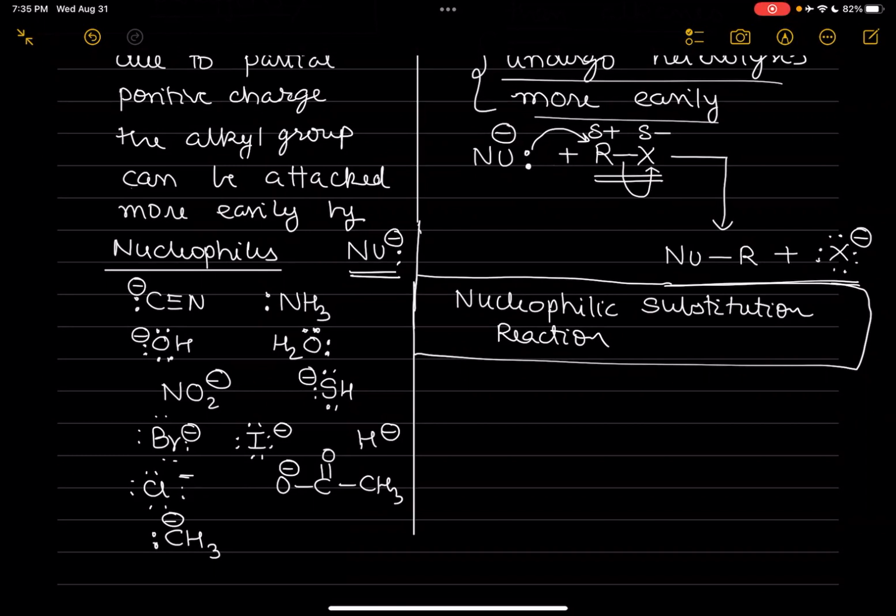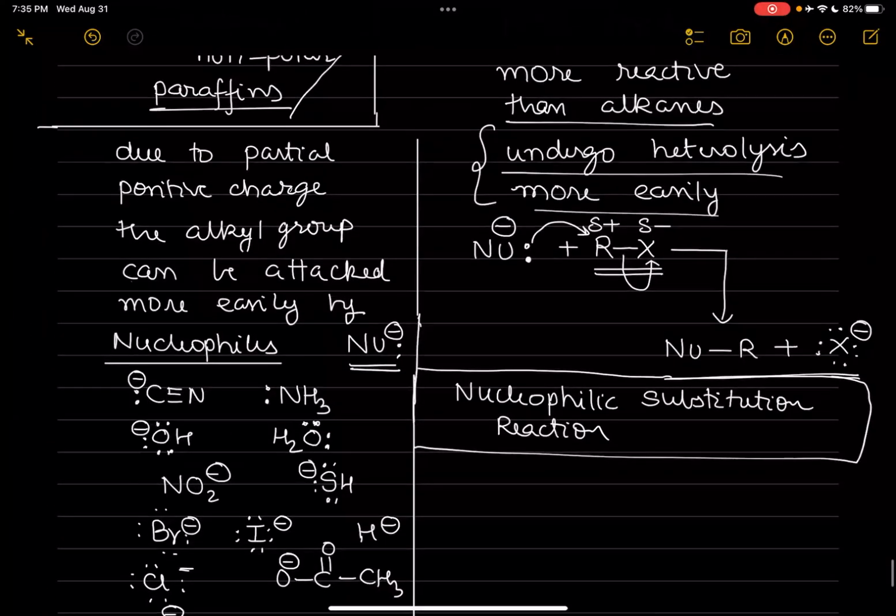This is just the introduction. We will study how it happens and the different mechanisms by which it can happen. But it is as common as addition and subtraction, which we use everywhere. Nucleophilic substitutions are also very common.